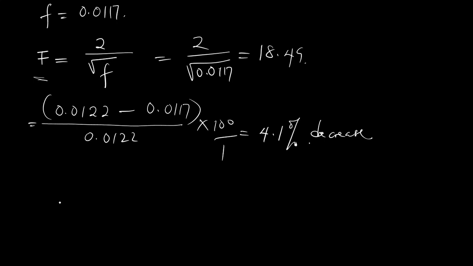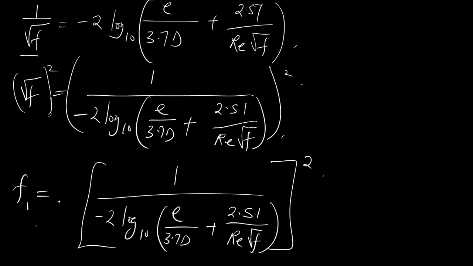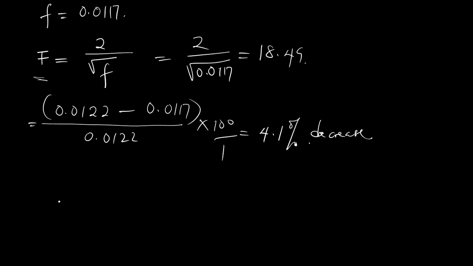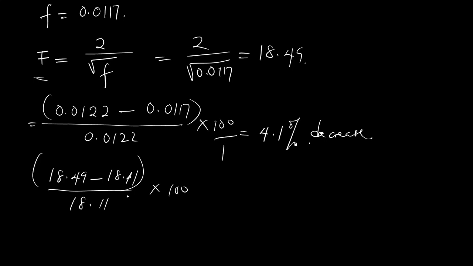So now for the transmission factor, let's look at the value. This is 18.11. So now there's an increase. So say 18.49 minus 18.11 divided by 18.11 times 100%.